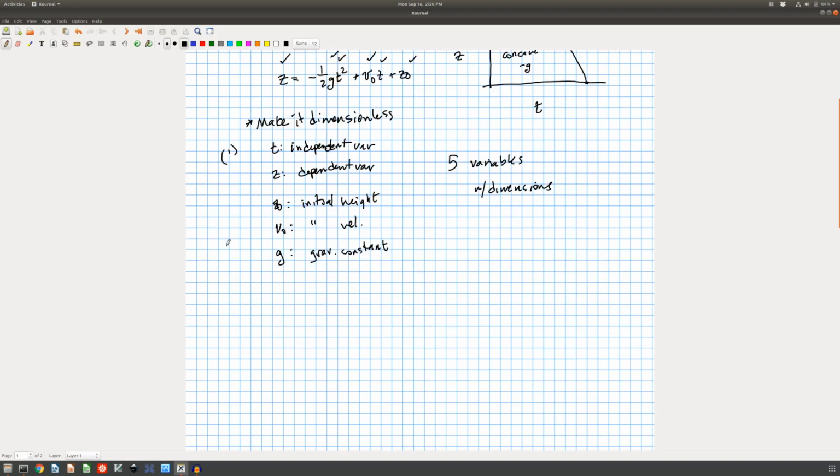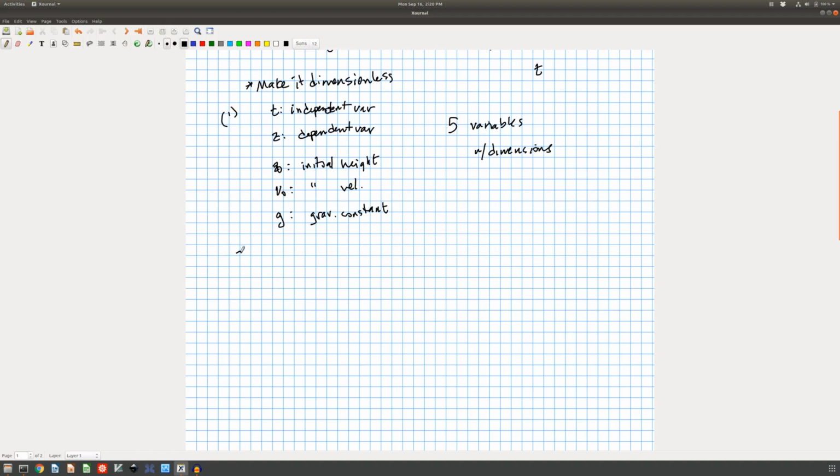Step 2 to make it dimensionless is I need to find the number of independent dimensions. How do I find that? I need to look at all of my variables and see what dimensions are in them.